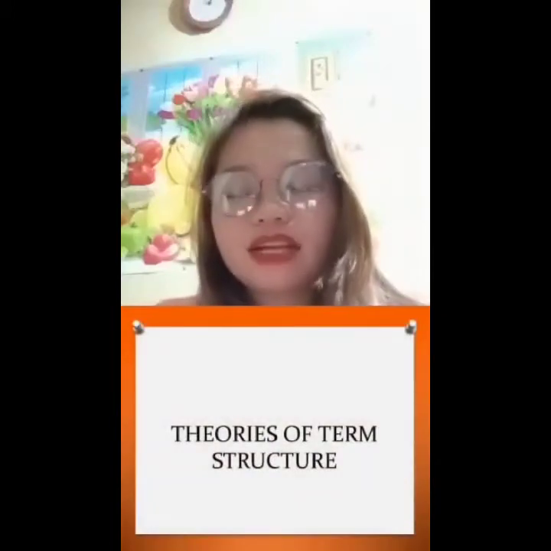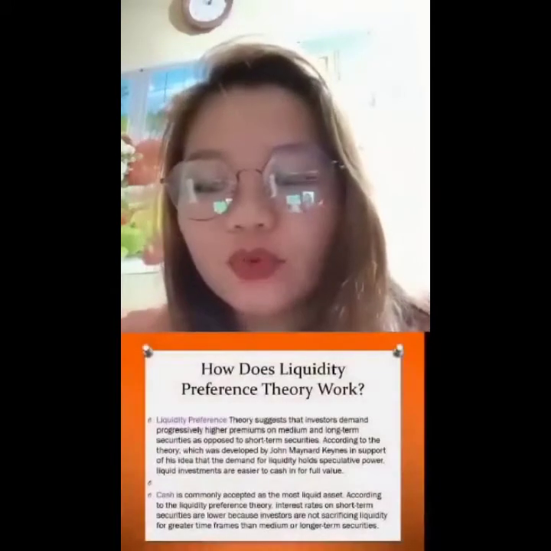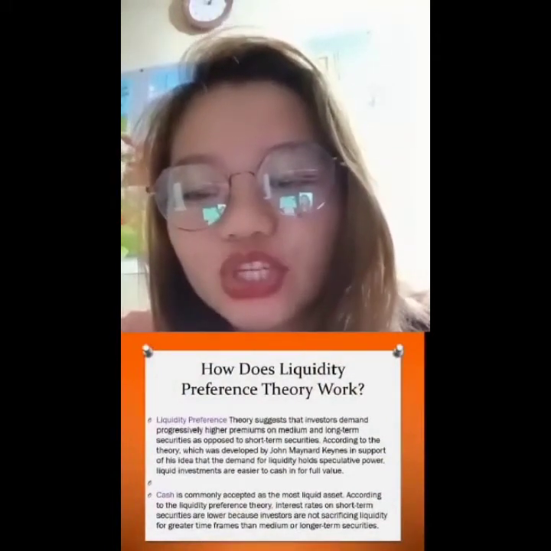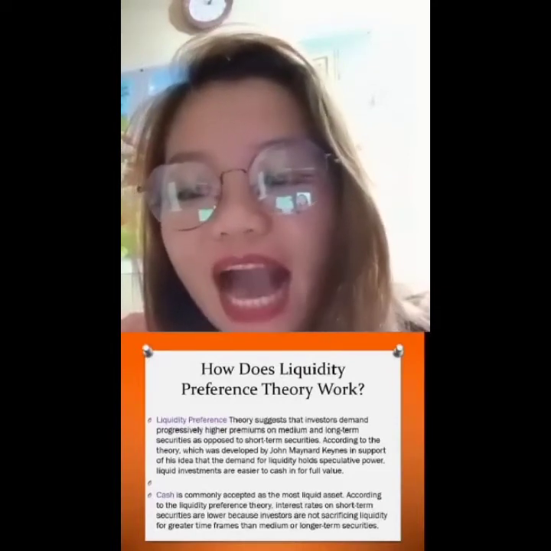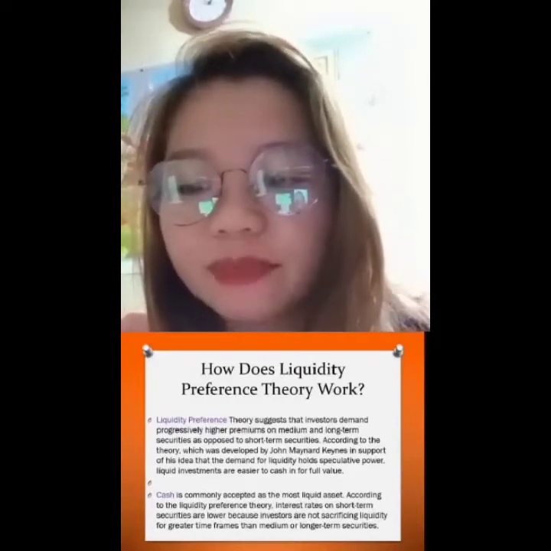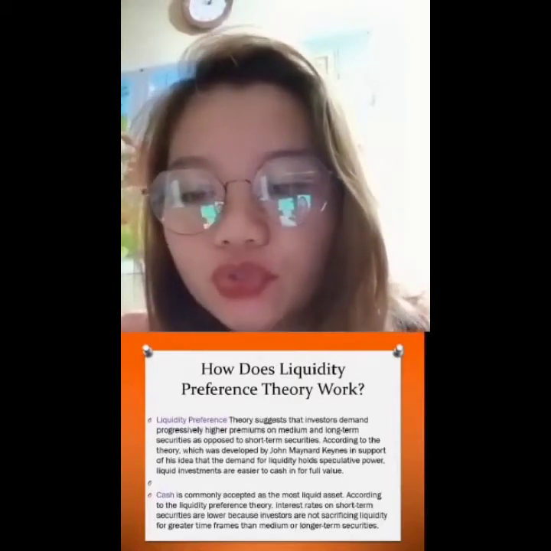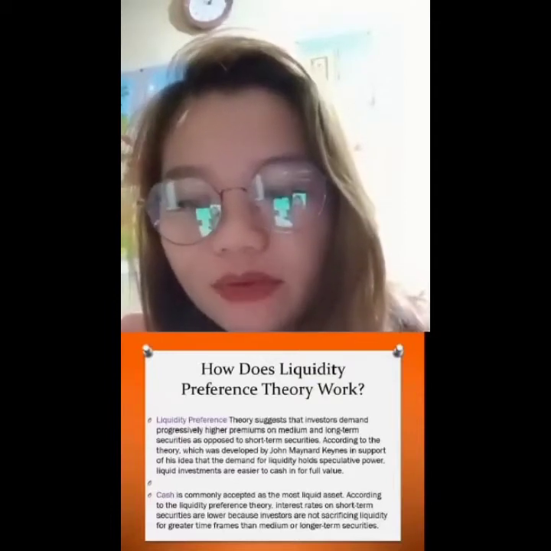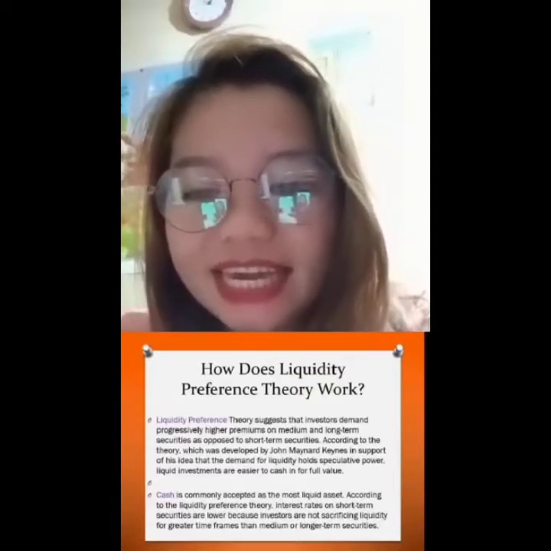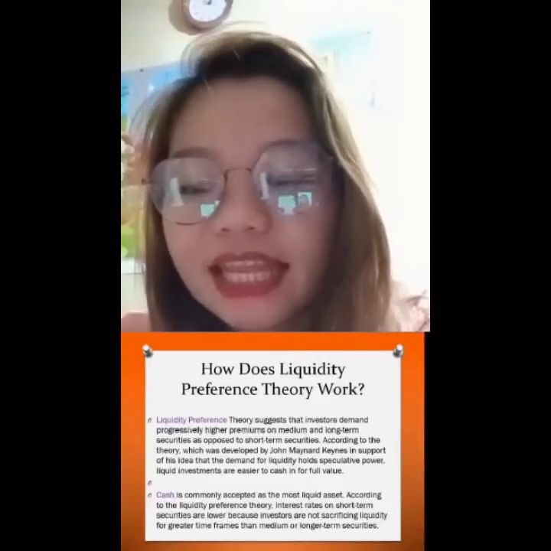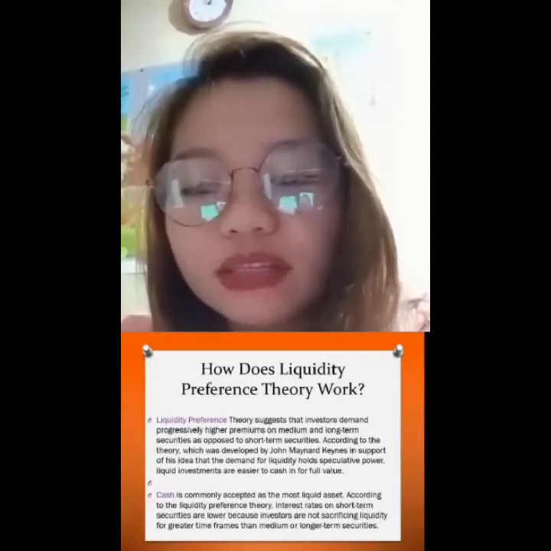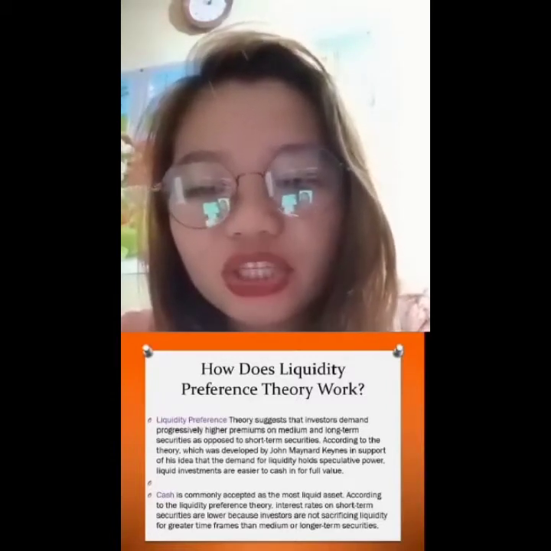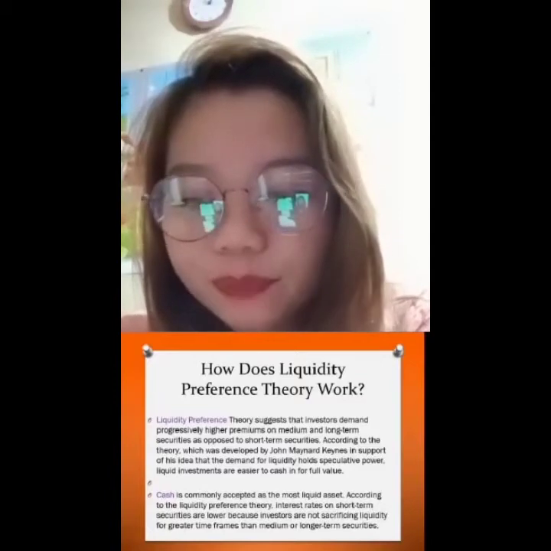Theories of term structure. How does liquidity preference theory work? Liquidity preference theory suggests that investors demand progressively higher premium on medium and long-term securities as opposed to short-term securities. According to the theory, which was developed by John Maynard Keynes in support of his idea that the demand for liquidity holds speculative power, liquid investments are easier to cash in for full value.